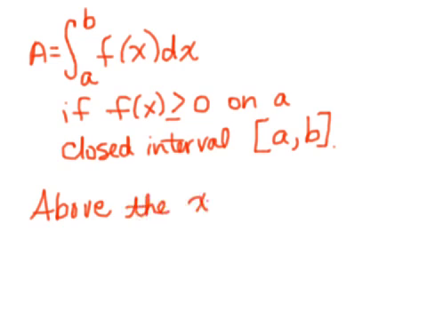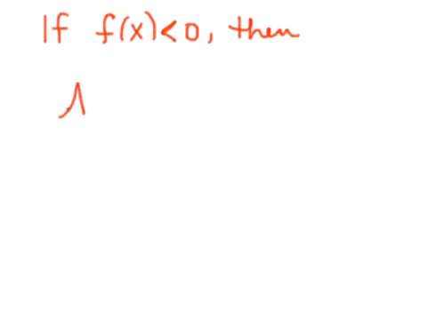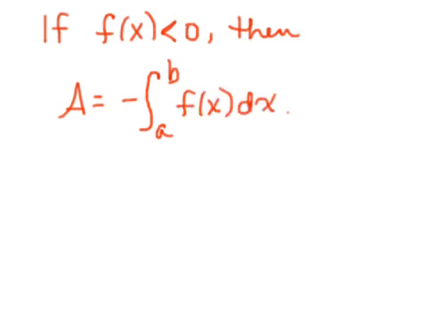But most of the time, our curves don't stay above the x-axis, so what do we do then? If the function goes below the axis and becomes negative, then area is equal to the negative integral of f of x dx.